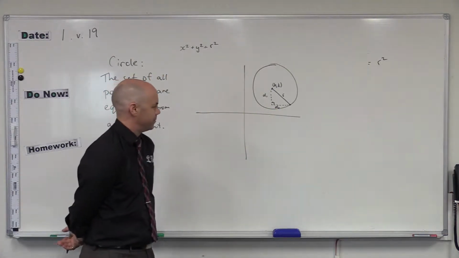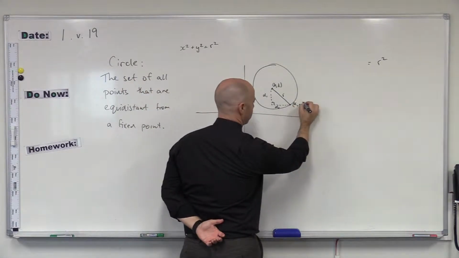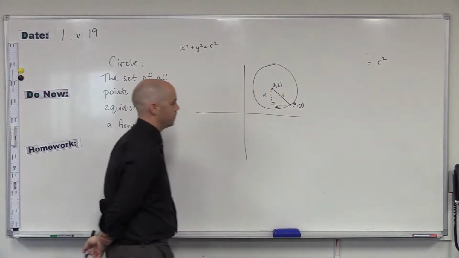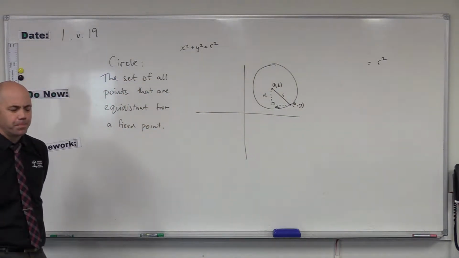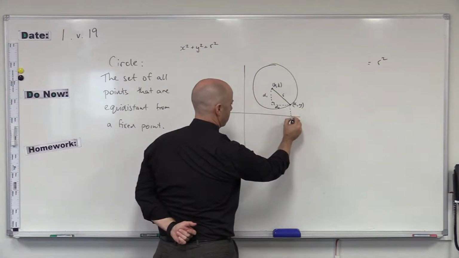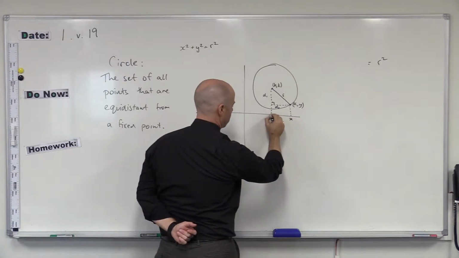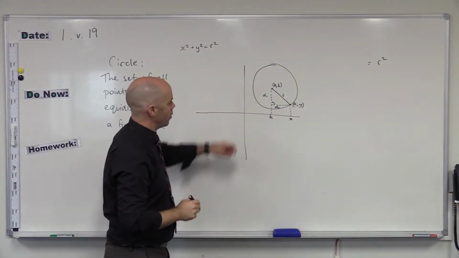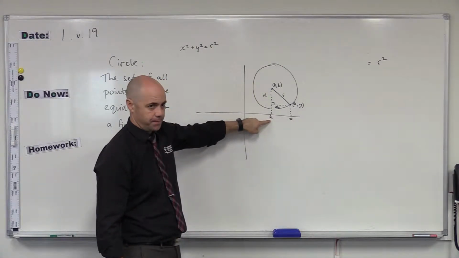So if I want to say this is x comma y, over here, that point there, what is distance 2? Let me draw some things in that might help us. I know that that point has an x-coordinate of h.